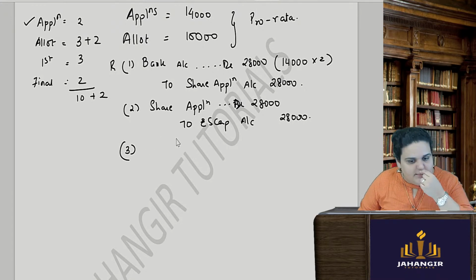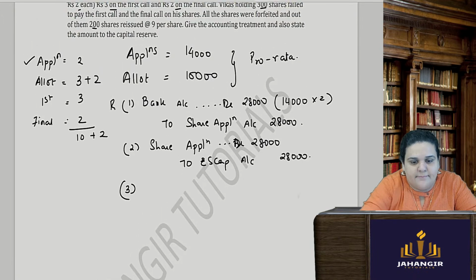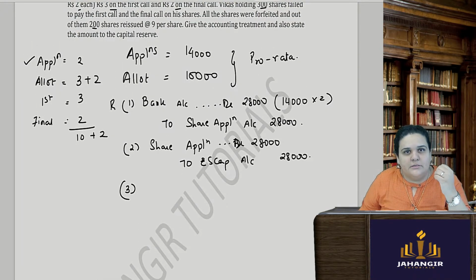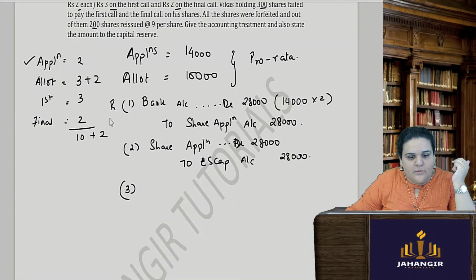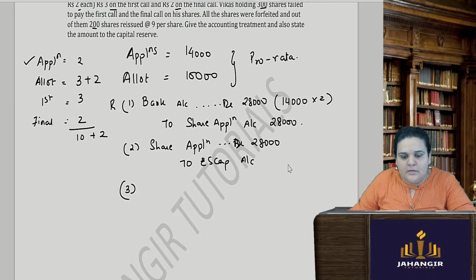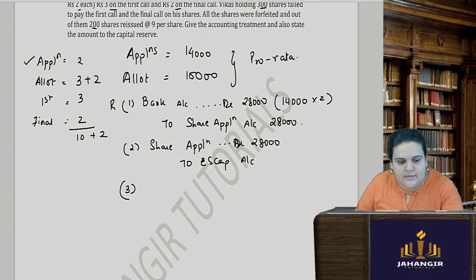I just want to show you all some small things. Suppose, since this example is there, suppose I would not have adjusted this pro rata, and I would have just refunded. So here equity share capital, I'll record it only on 10,000 because as a company I have only 10,000 shares which I can allot.